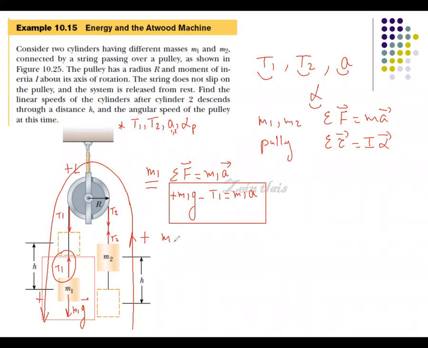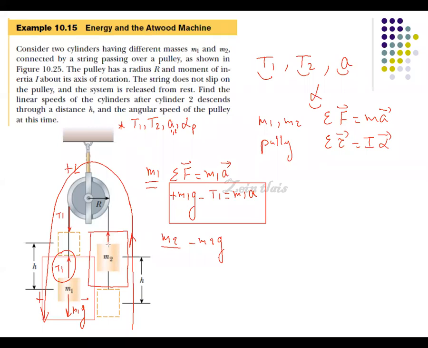Let's take the mass M2. We have M2G, which is in the negative direction, it's down, so minus M2G. You know, this is a positive. And T2, I take this system.